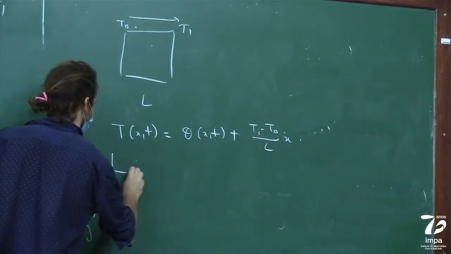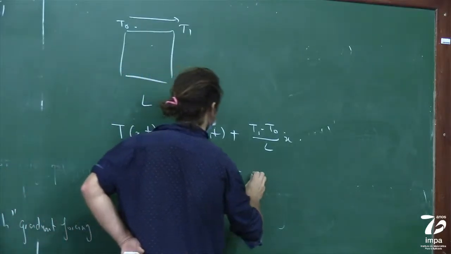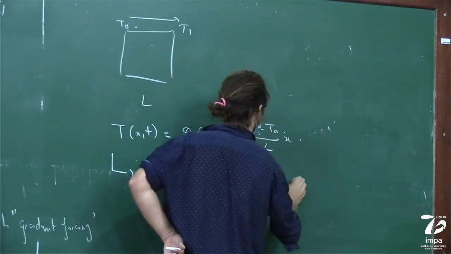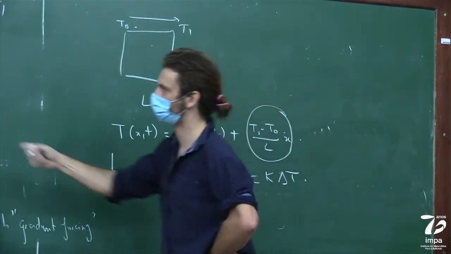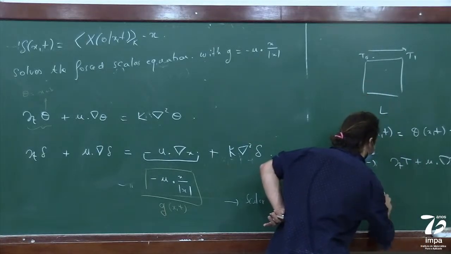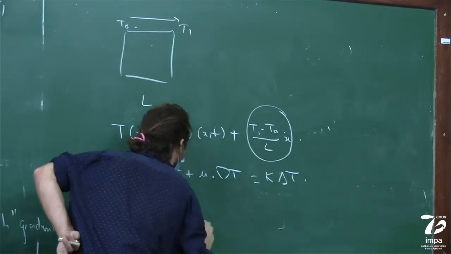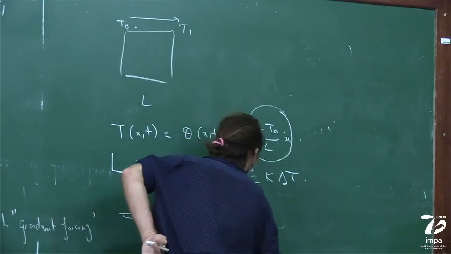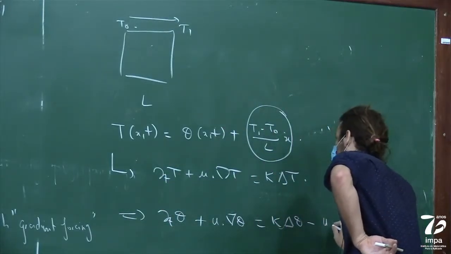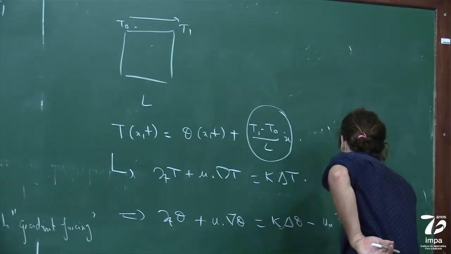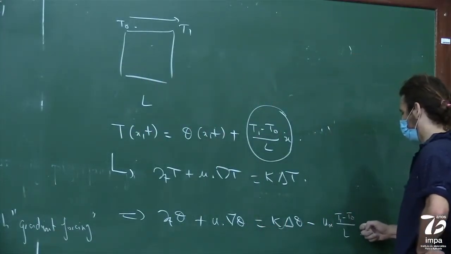This satisfies the scalar equation d_t T plus u dot grad T equal kappa Laplacian T. This is the temperature. This term here is exactly the same as this one. And this implies that the fluctuation around the mean temperature satisfies the scalar equation with kappa Laplacian theta minus u_x times (T1 minus T0) over L. This is exactly the same situation with T1 minus T0 equal 1 and L equal 1.